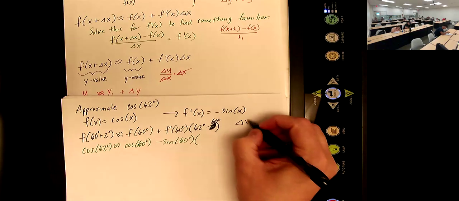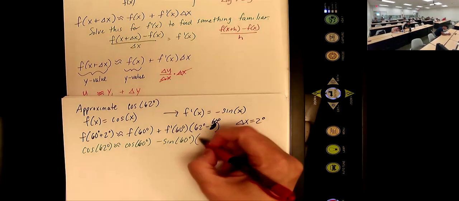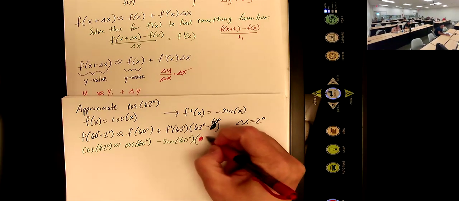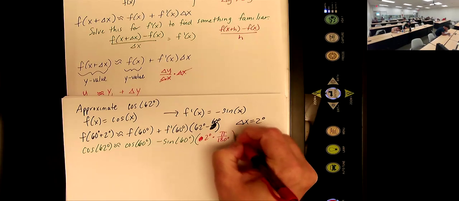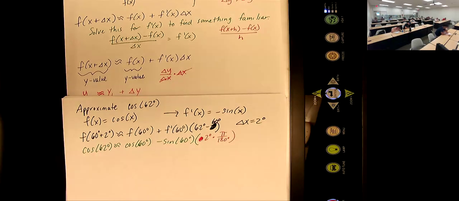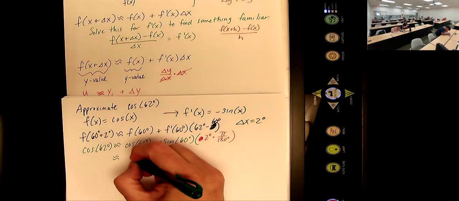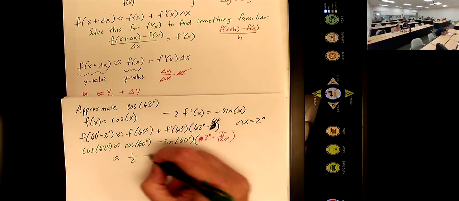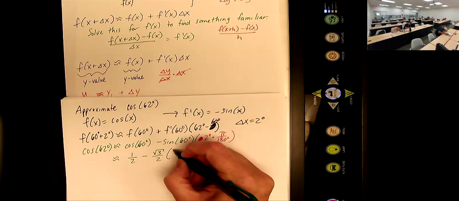Delta x is 2 degrees. That looked awkward. This is 2 degrees, but we don't want it in degrees, so we're gonna multiply it by pi over 180. This is approximately 1/2 minus the square root of 3 over 2 times pi over 90.